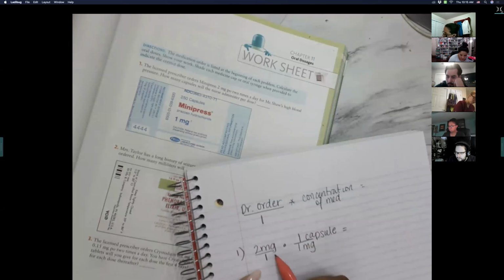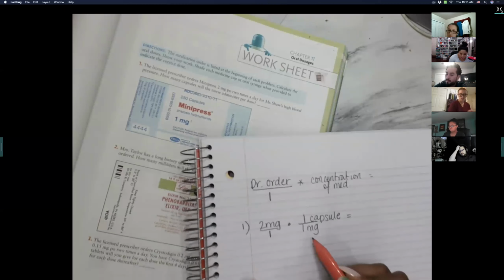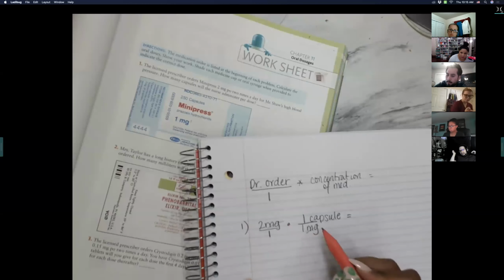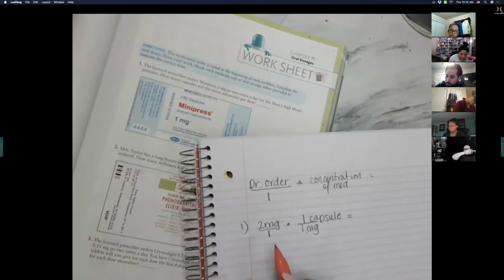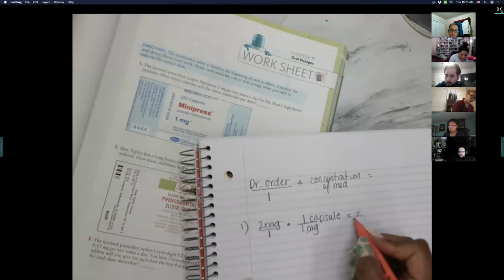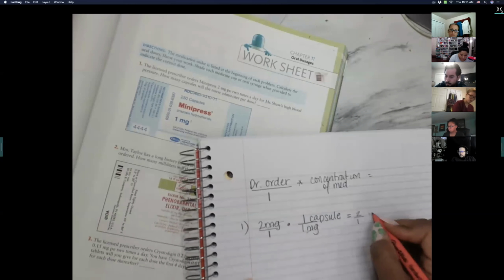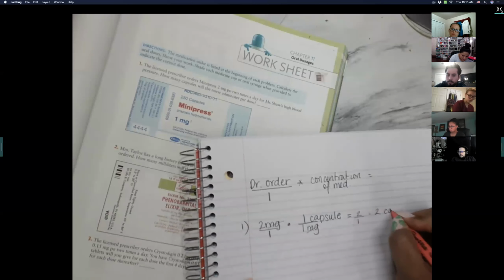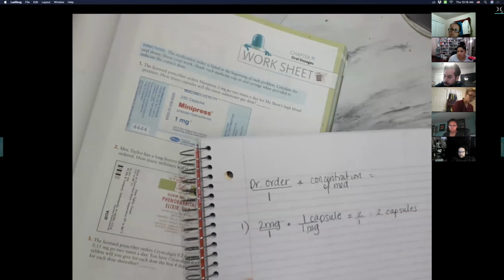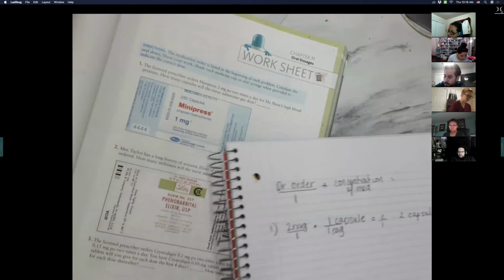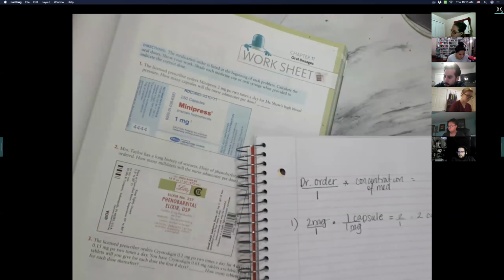What's on top cancels with the unit on the bottom. So my units of milligrams are going to cancel, and I just finish multiplying across. 2 times 1 is 2. 1 times 1 is over 1. So that's just 2 capsules. Does that make sense, everyone? Yes. Okay.